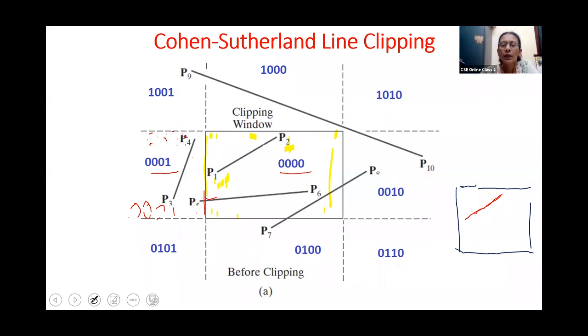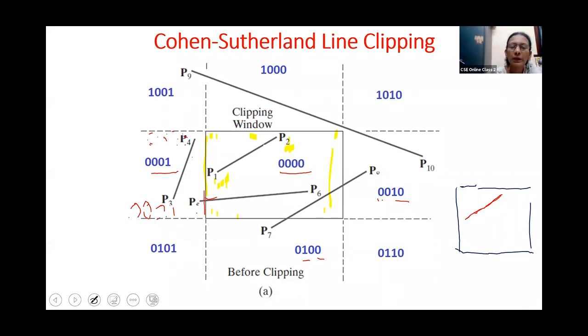Now, when you take P7, P8, P7's code is 0100, P8's code is 0010. P7's code is not 0000, and P8's code is also not 0000. That means we will not be able to decide.